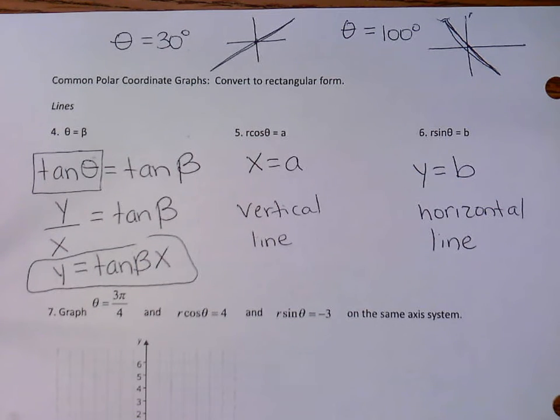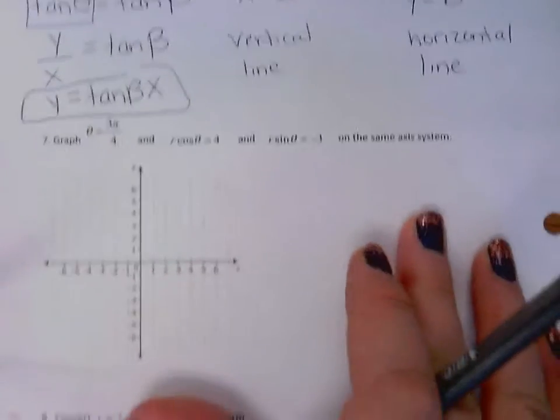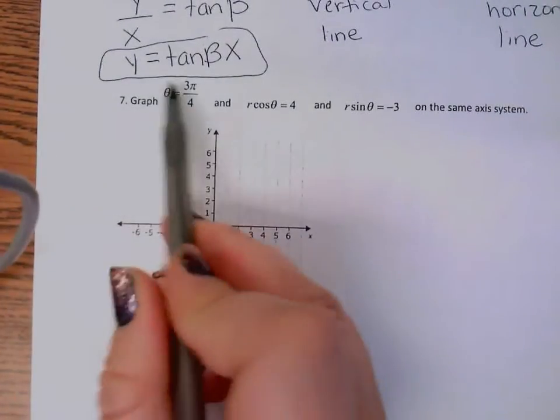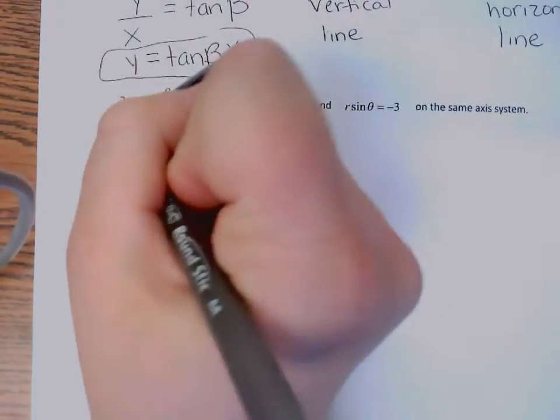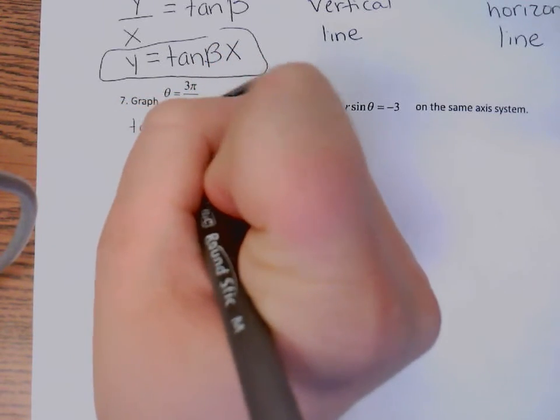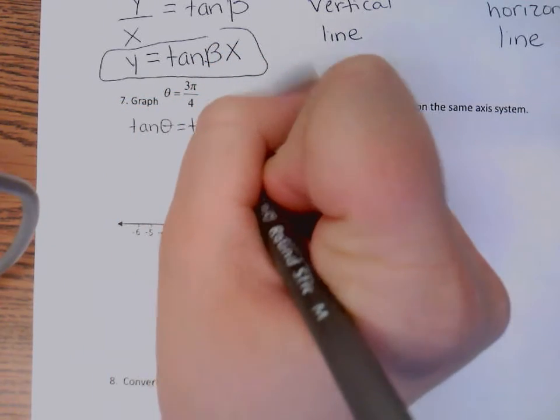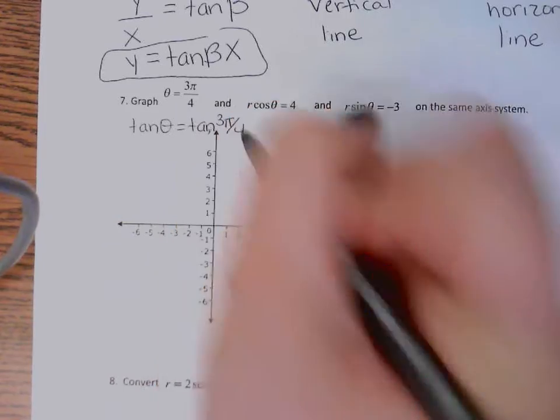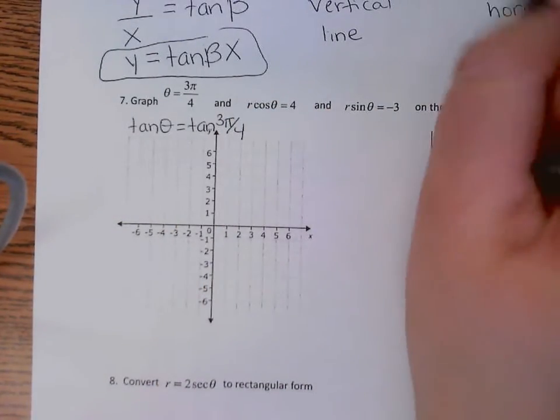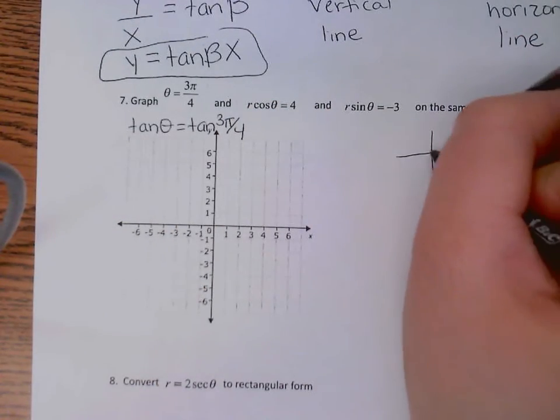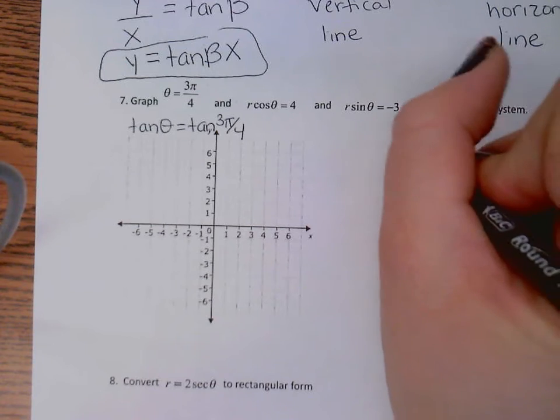So the last part, number 7 here, they want you to take these 3 different common polar graphs and graph them on the same axis down below. So let's actually convert this one. I would take the tangent of both sides. Tangent of theta equals the tangent of 3 pi over 4. What is the tangent of 3 pi over 4? 3 pi over 4 is over here.